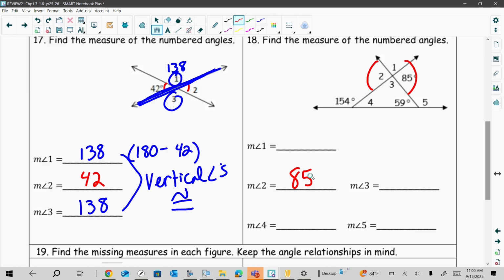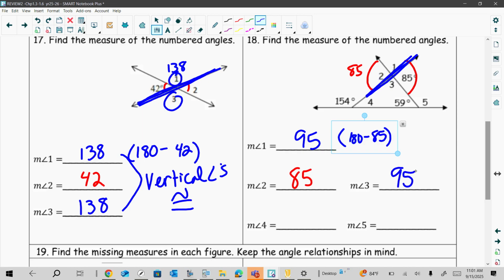Then do supplementary. Angle 1 and 2 are a linear pair, so 180 minus 85. And angle 3 is vertical to that, so it is 95. You're right. So how are we going to get to angle 4?